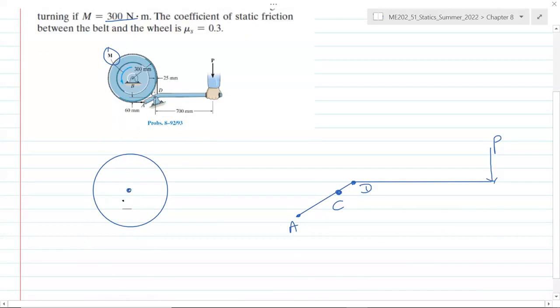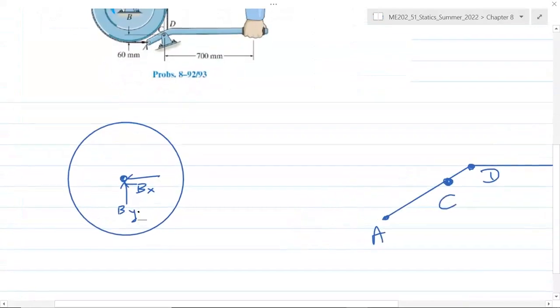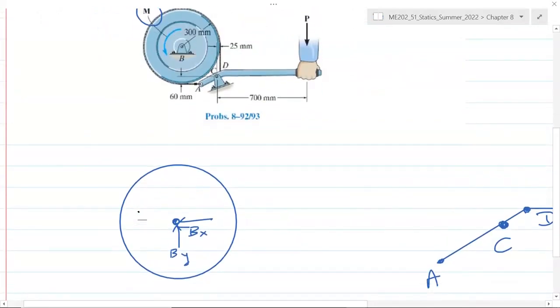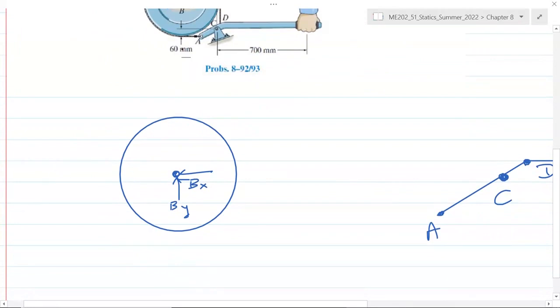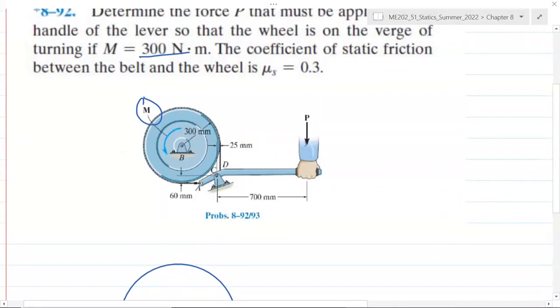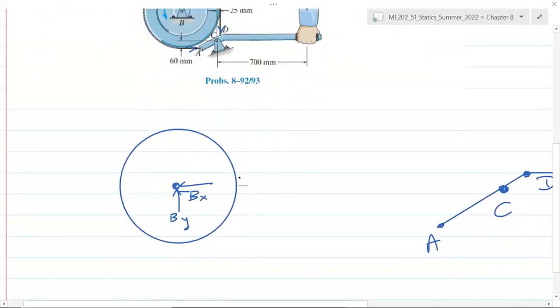So this is the center point of the wheel, which is the pin, and the pin has support reactions Bx and By, and these directions are our assumption. Now when the force is applied onto the lever in the downward direction, it pulls the belt at D. So tension at D is more than tension at C. So let's add them here.